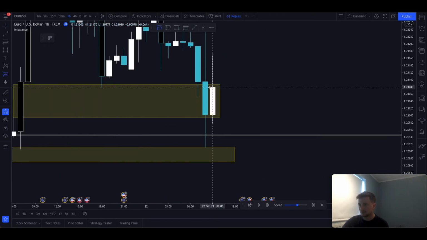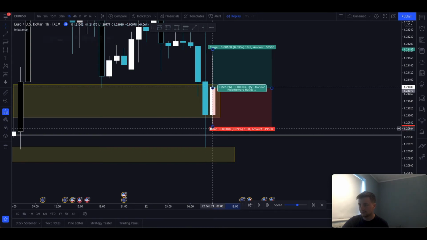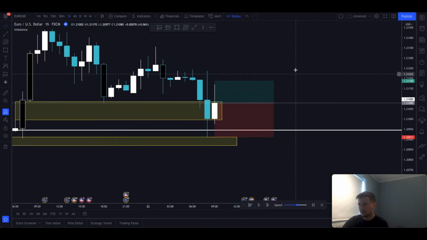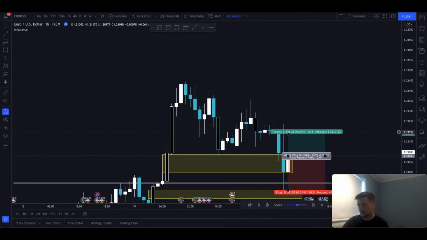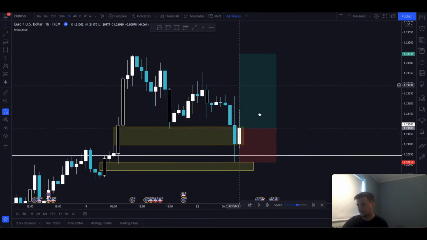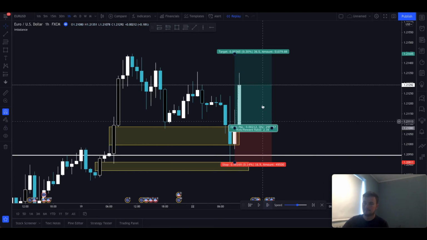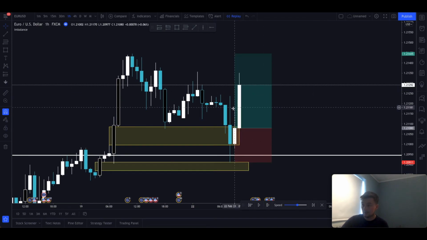And we get a strong rejection off of it. So if I line that up and entered on this hour, stop loss down here, target, I'll target like this high maybe, and what happens? Guys, you can't make this up. But now we're on the hourly, okay?